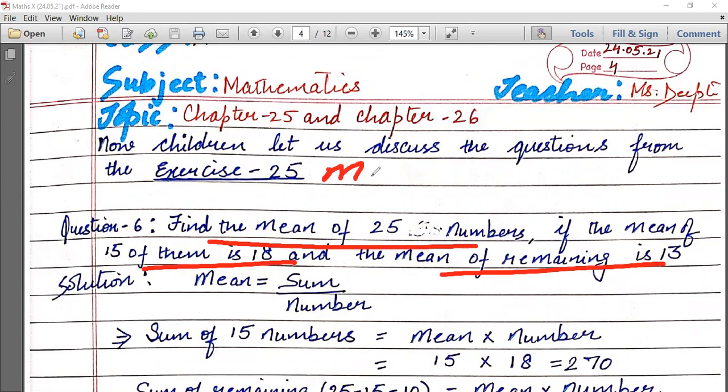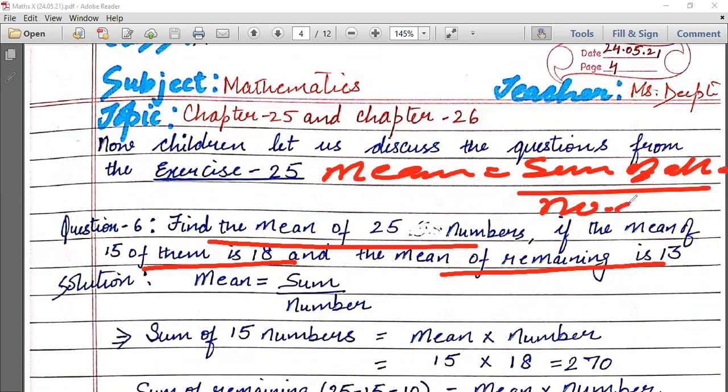Children, the mean formula you know is the sum of all the numbers divided by the number of observations. Here the mean of 15 is given, and the mean of the remaining is also given to you.